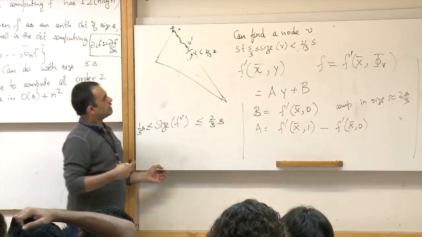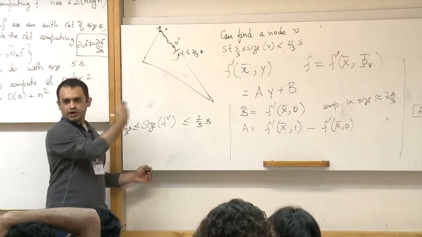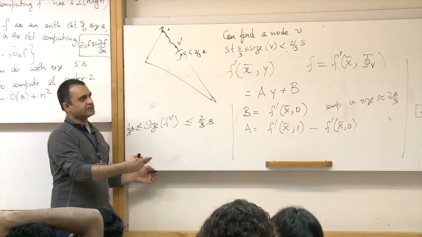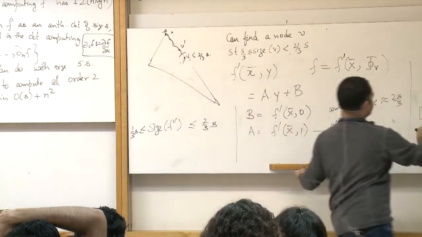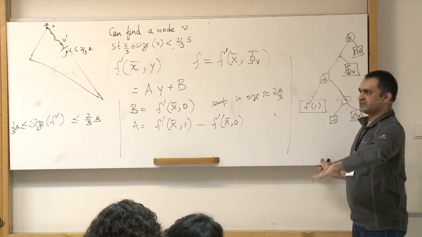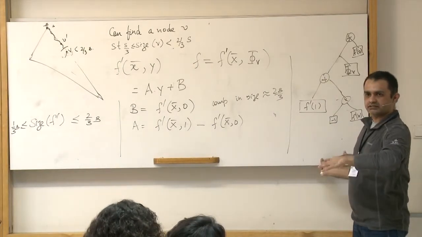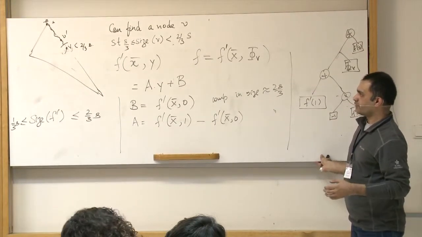For example, if you start off with a formula that is homogeneous, what you end up here is also going to be homogeneous, where every multiplication gate, the children here will have degree something like 2D by 3. So when I start with the multiplication gate and look at its children, the degree has dropped by a constant factor. So these are various other structural results that you could get from this.